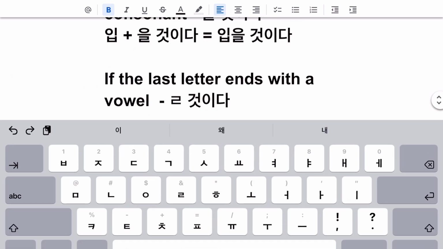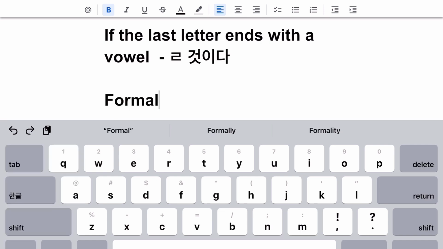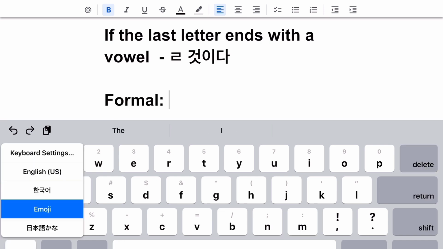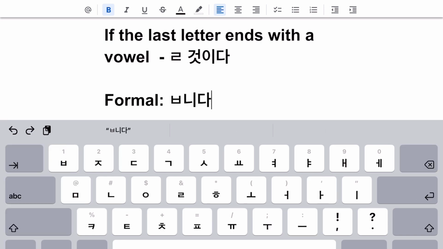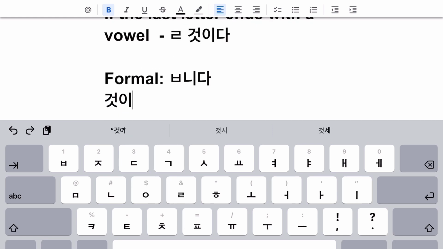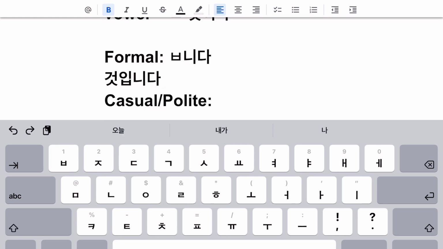So I'll show you the different endings that we have. We have formal, and it's the same old ending that we know and love, the 합니다 ending. So 것입니다, like that. So here's our casual / polite ending, 거예요, and that's the same 예요 that we learned for the noun lesson from 이다. 거예요, not 것이에요, but just 거예요.